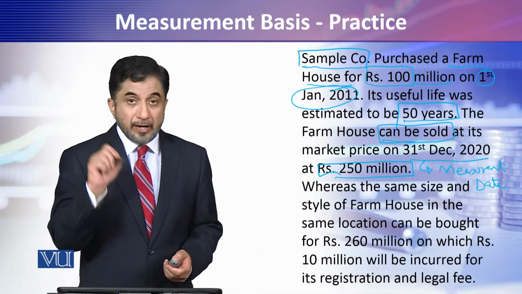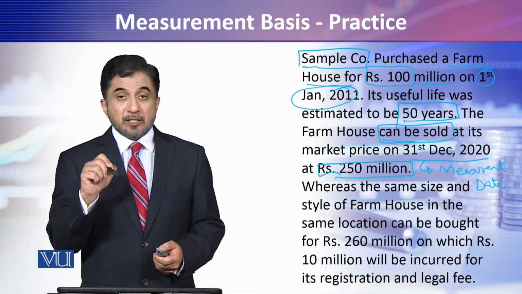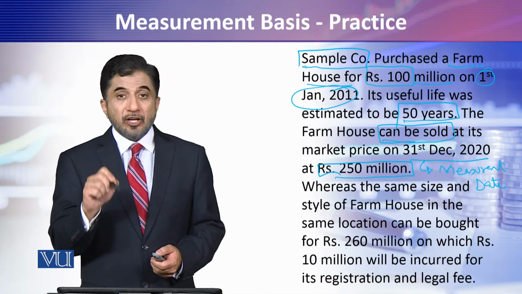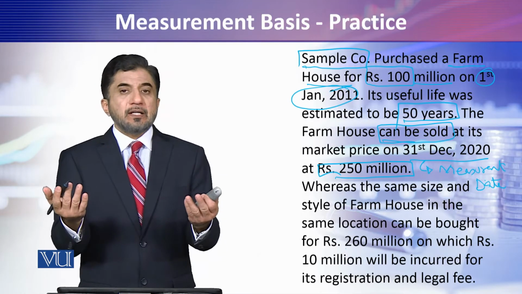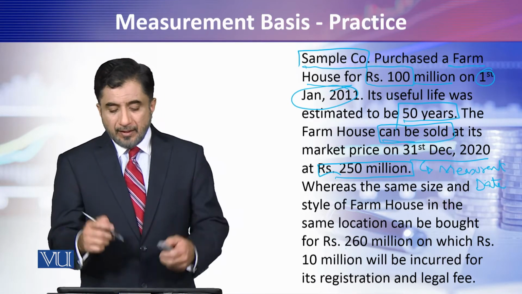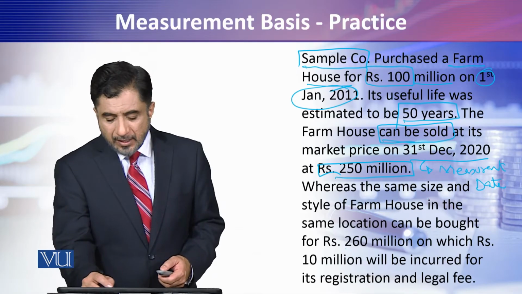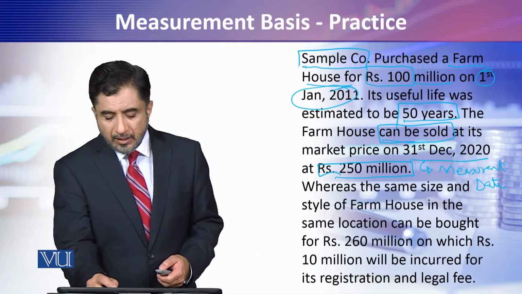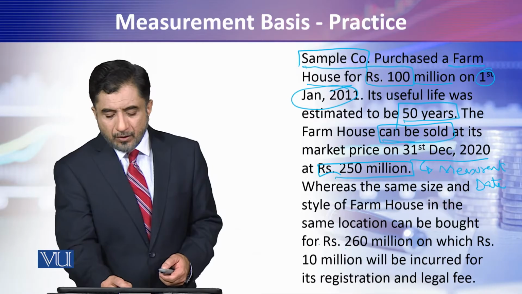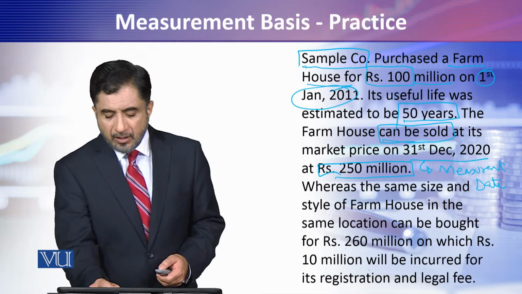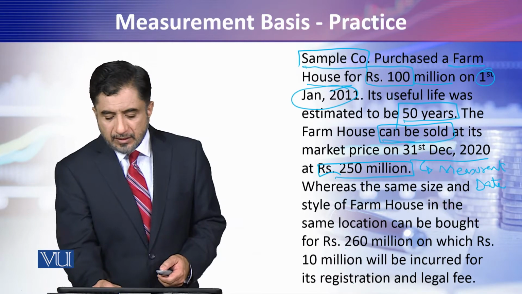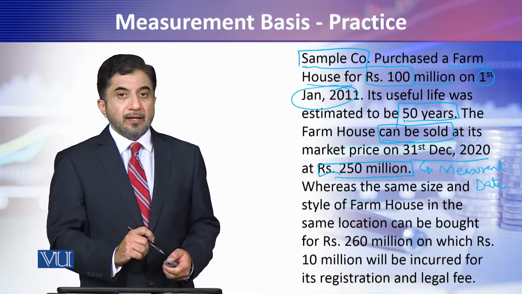And this is very important and specifically mentioned in the definition of fair value, which is the reporting date, in fact. Whereas the same size and style of farmhouse in the same location can be bought for 260 million, on which 10 million will be incurred for its registration and legal fee.